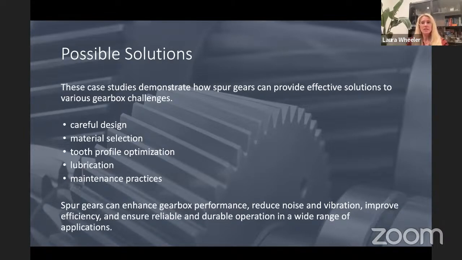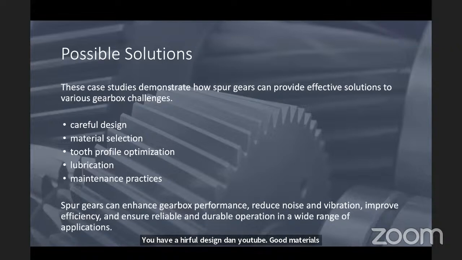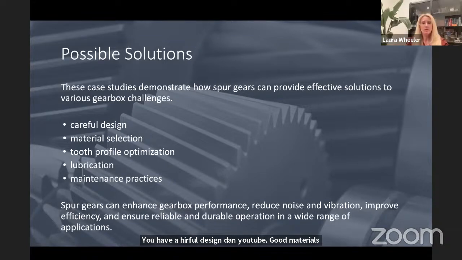The main things to consider as you are thinking creatively and collaboratively with your peers is make sure you have a careful design, that you choose good materials, that you have tooth profile optimization, that if need be, you can consider possible lubrication in your system, and then how it will be maintained over time.